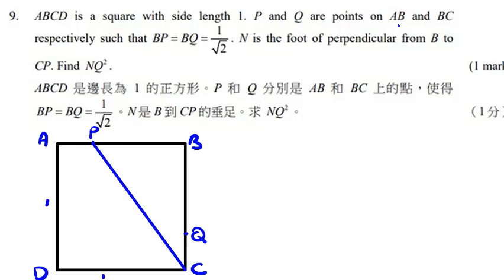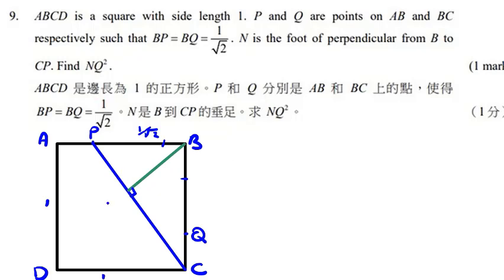P and Q are points on AB and BC respectively, such that BP equals BQ, so it is 1 over root 2, and BQ is the same. N is the foot of the perpendicular from B to CP. Let me draw it with green, from B to CP, something like this.